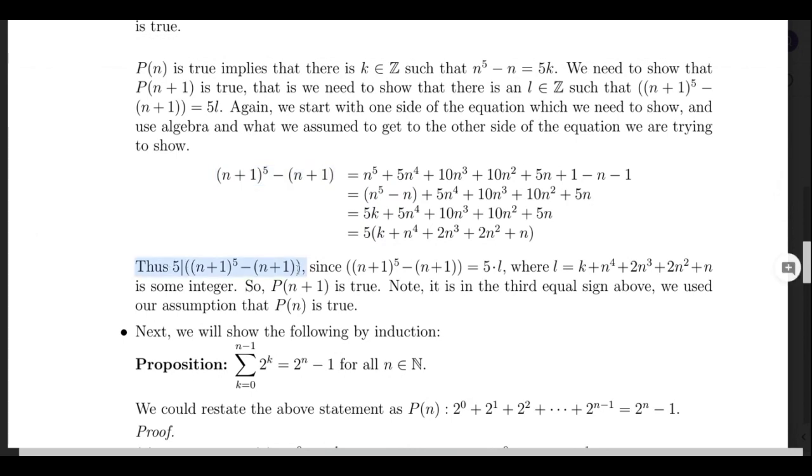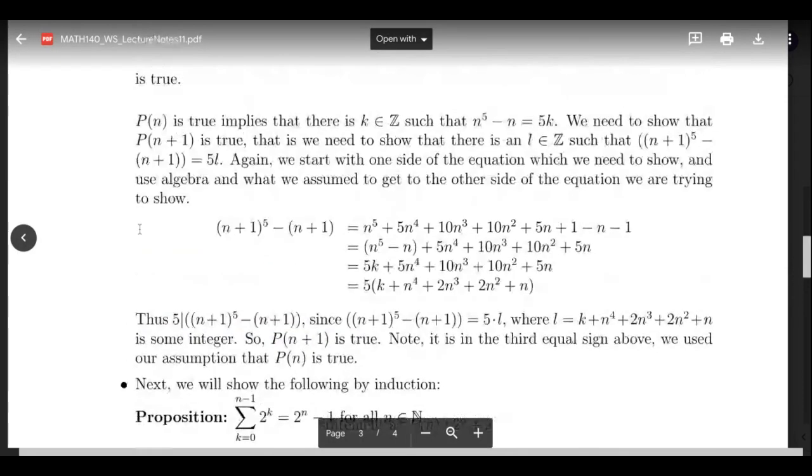So the conclusion is 5 divides n plus 1 raised by 5 minus n plus 1. Which is the statement we prove? Which is the Q statement we prove. Which means P of n plus 1 statement is true. And that's the whole proof.